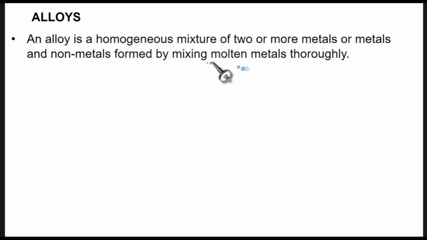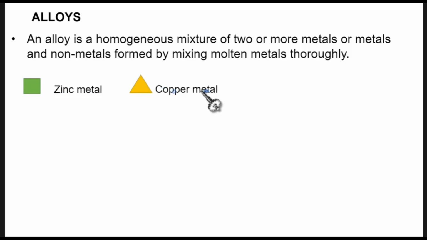And by molten here we mean that these metals, before they are mixed to make an alloy, need to be in the form of a liquid, like they have to be melted, and that form of a liquid in which metals exist is what we call molten. All right, so for example, let's say we have a zinc metal here, and then we have, let's say this one is the copper metal.